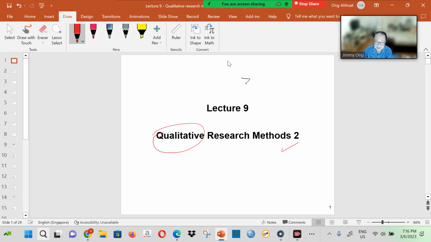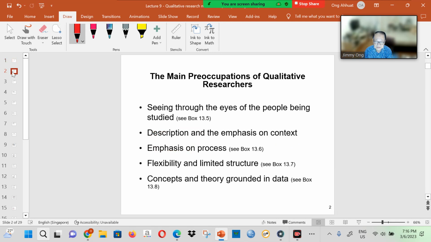Okay, so we have this one here. Then we look at the second slide. I think I mentioned this last week, but maybe not so detailed.